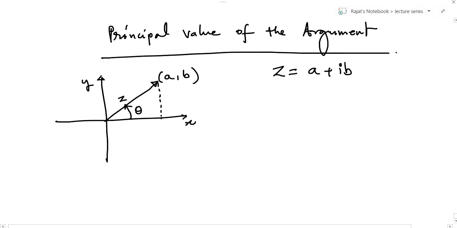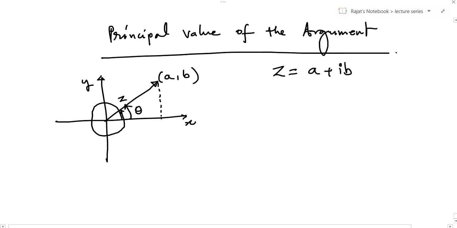Interestingly, if I turn around once and then come back to this point, this is also going to be the argument of the complex number, because you are essentially turning by 2 pi and then again turning by theta, and 2 pi is the period of the trigonometric functions sine and cos.